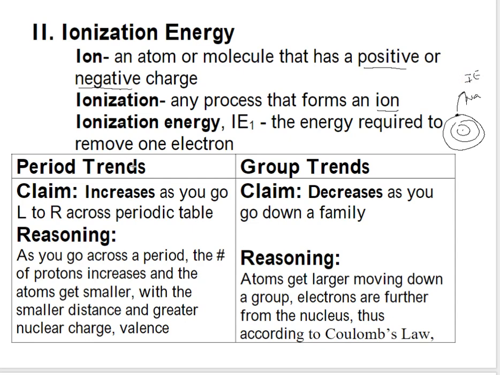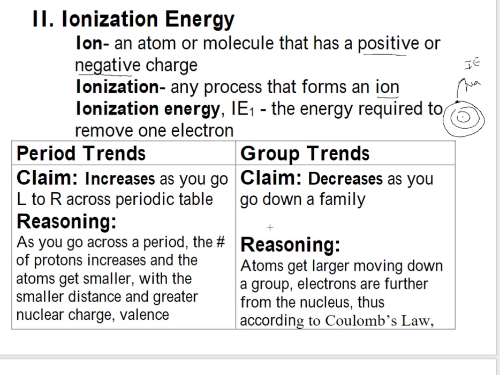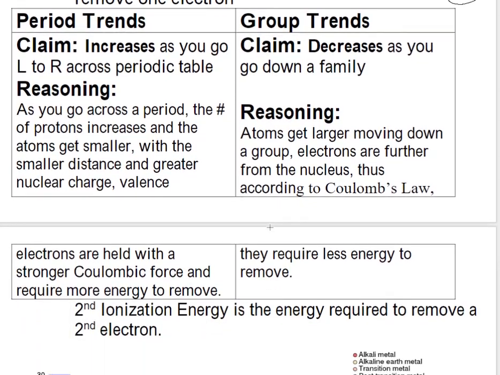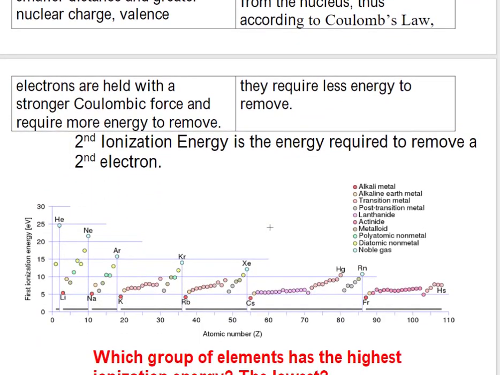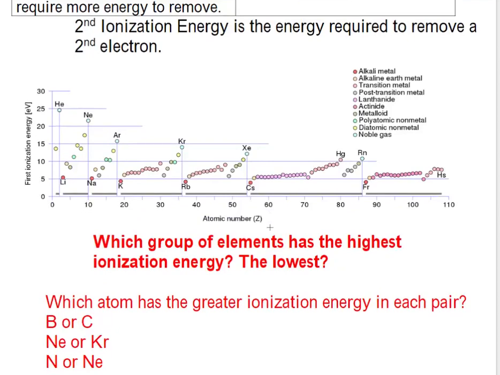What happens to ionization energy as you go across, left to right, across the period? Okay, I'm going to look at my diagram down here. Each of these little sections that's divided off is showing us a period on the periodic table. So this is period 1, it's just hydrogen and helium.